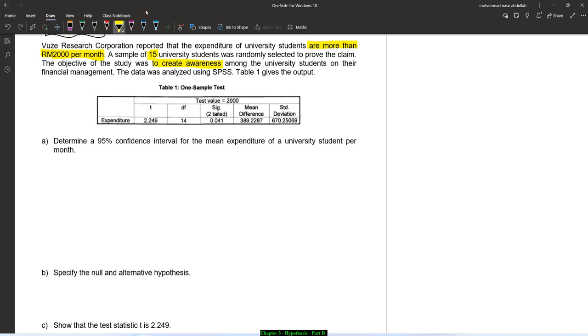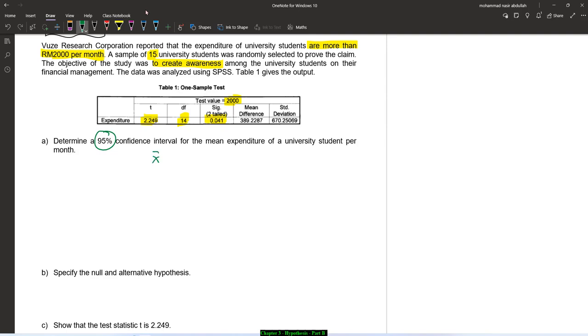The data was analyzed by using SPSS. This is the degree of freedom, this is the T distribution, this is the p-value, mean difference, and standard deviation. This is the alternative hypothesis. Question number 1: determine the 95% confidence interval of the mean expenditure.